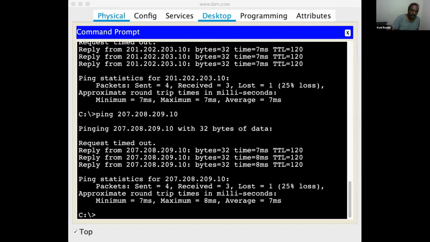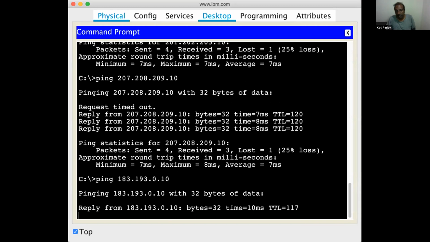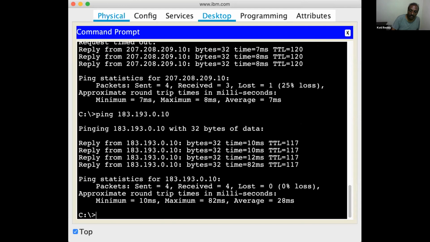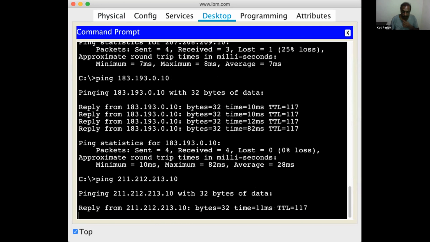Can I ping in ISP3? Ping 183.193.0.10. I could ping. This is in ISP3. In ISP3, we have two more networks. Ping 211.212.213.10. I could ping.